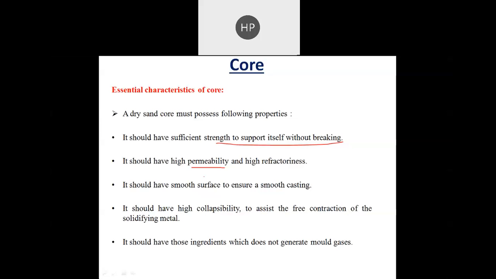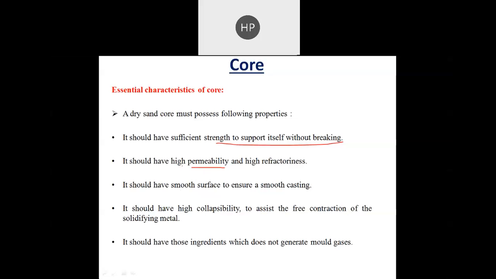At the same time, whatever sand is around that molten metal contains a certain amount of moisture, so it will be converted into steam. All that steam and gases should escape out from the hollow cavity, and that's why permeability is required.